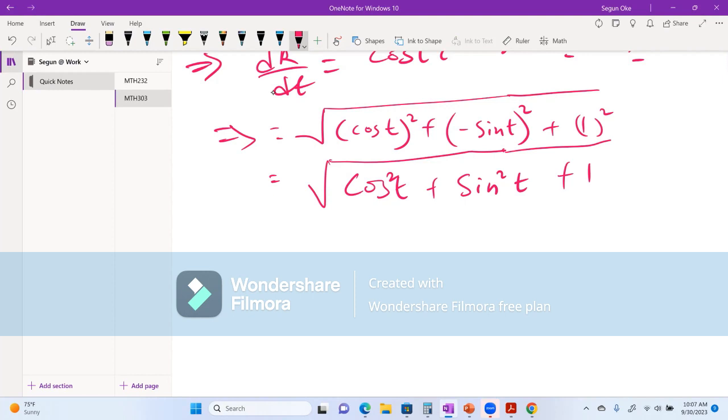Do we agree with me? Yes, sir. So when you add cos square t plus sine square t is equals to 1, you remember the law? Therefore, we have 1 plus 1, which is equals to square root of 2. That is your answer. Any question?